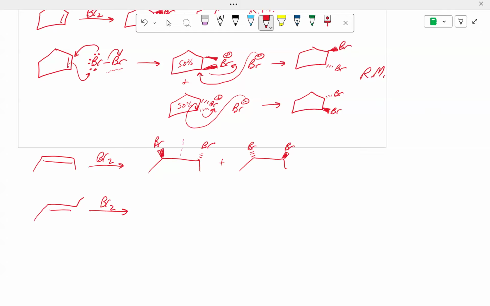So if I cut this down the middle like this, I might have the same groups, but they are not all going in the same direction. So there's no symmetry between these bromines here. So this really is the enantiomer. The second product is the enantiomer of the first product. And so we get a racemic mixture.